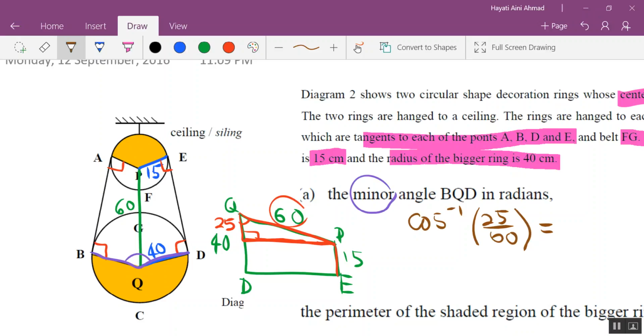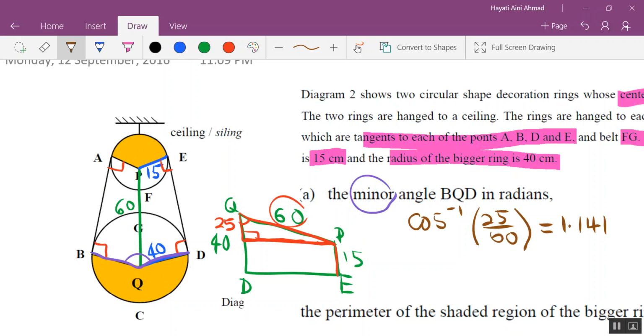And then we shift cos 25 over 60, and the answer is 1.141.